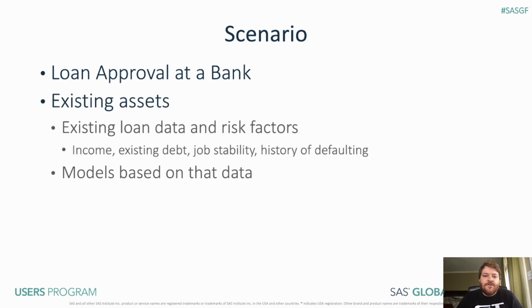The first thing they're going to do is think about what are the existing assets we have to enable this. Firstly, they're going to have a ton of data around existing and historical loans, right? So they're going to have all sorts of information about the people who took on those loans. And then they're going to have information about whether that loan was successful or not, whether the client completed it with all payments, or whether maybe they defaulted or struggled with the payments at any point.